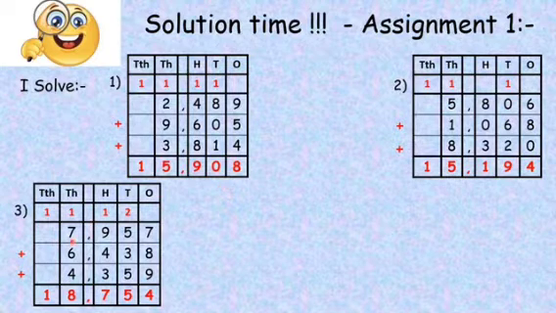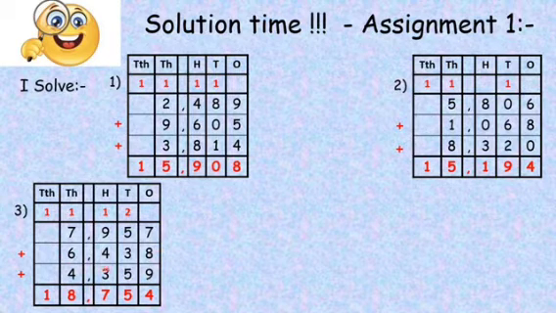Third problem, 7,957, 6,438 and 4,357. We get a sum of 18,754.